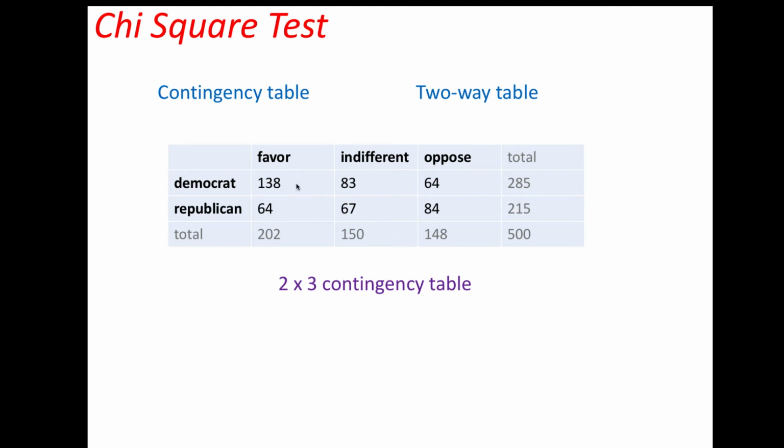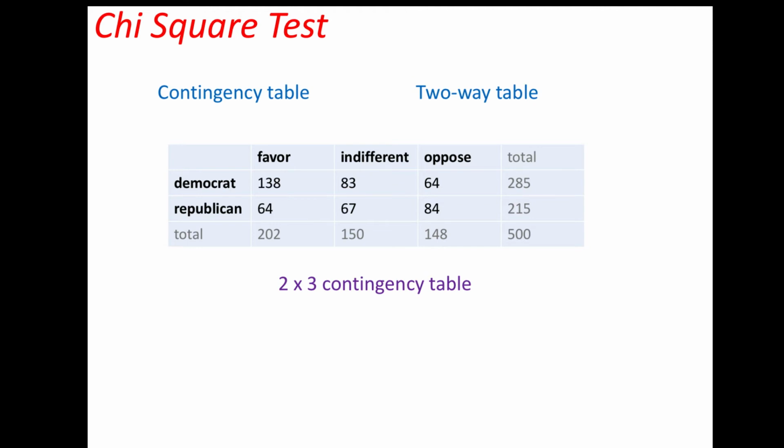It only counts the data, not the labels, and not the totals. We define the party affiliation as the explanatory variable and opinion as the response because it is more natural to analyze how one's opinion is shaped by their party affiliation than the other way around.